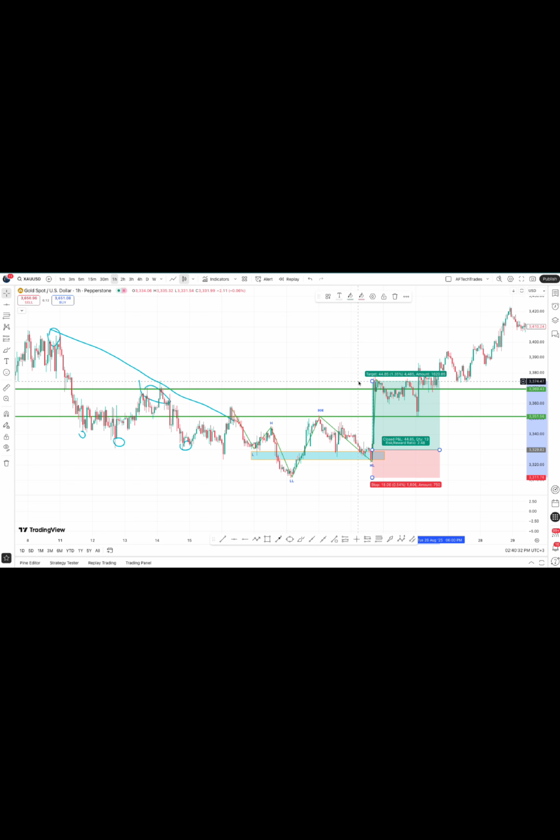Don't use a lower time frame like 30, 15 minutes or 5 minutes. If you want a very good win rate with high probability setups, use the 1 hour time frame upward, to the weekly and so on.